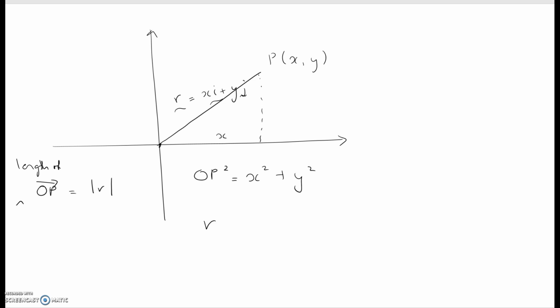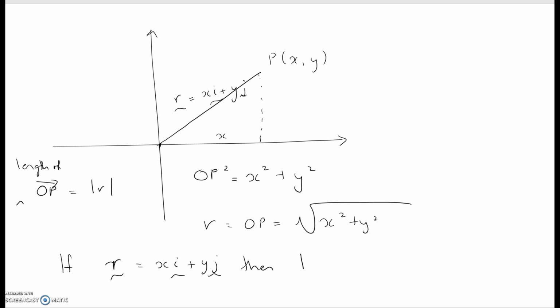So r is going to be the square root of that. So let's just summarize. If r is equal to xi plus yj, then the length of r is going to be the square root of x squared plus y squared.